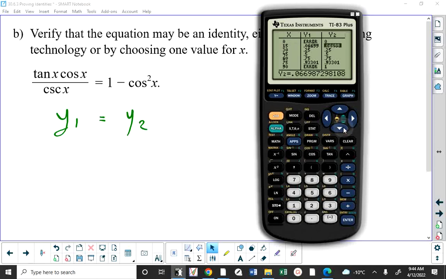See, they're equal here, they're equal here, they're equal here. They're not always equal, but when they're not equal, it's because there's a non-permissible value. And an identity is something that's true anywhere other than non-permissible values.